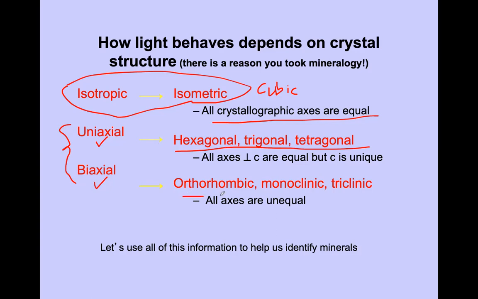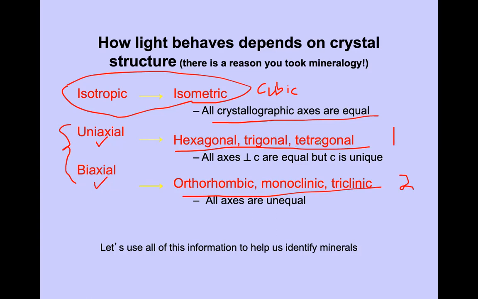The other ones, orthorhombic, monoclinic, and triclinic, show biaxial behavior. Uniaxial means they have only one optic axis, but the other group has two optic axes.